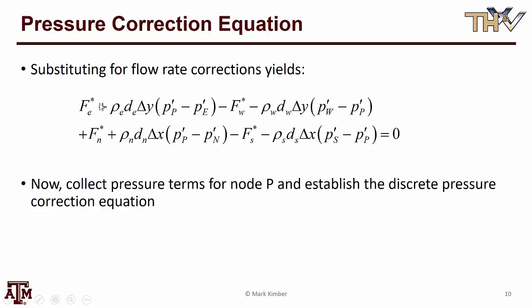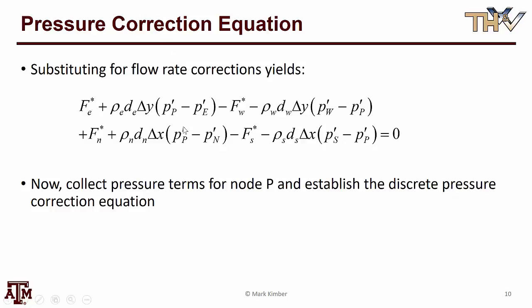And when we do this, now we know that we can set this equal to 0, and what we've got is flow rates, which are starred quantities, which we can compute based on velocities that are also starred quantities, which were found based on the previous either guess or iteration of the pressure field.